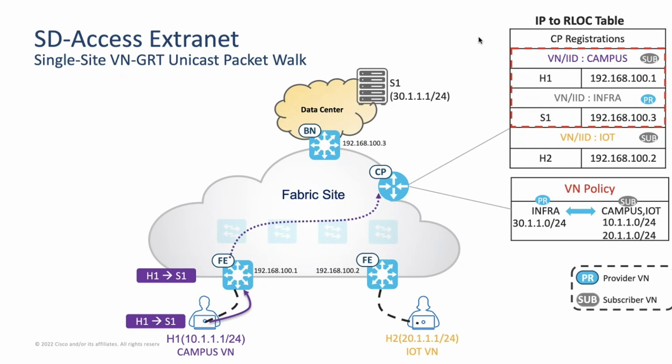It's going to ask the control plane, where is 30.1.1.1? Now, in a traditional SD-Access network, the control plane would say, well, in your VN, there's nothing. So I'm going to first look in the campus VN because that's where the request is coming from. Let's see if 30.1.1.1 is there. Well, no, it's not. The only thing that's registered is host one, which is 10.1.1.1. So I don't have a match.